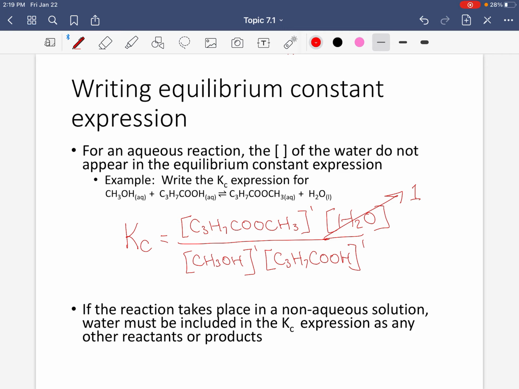Actually, I'm not going to show you. It's not within your advantage to know anyway. But if you have a reaction that is not based on aqueous, water is certainly a very important aspect of your Kc expression. So make sure you memorize that.